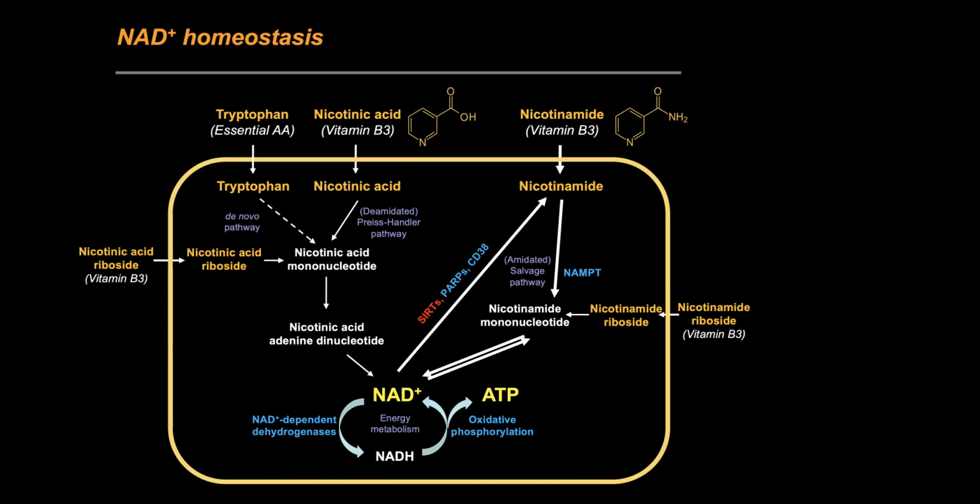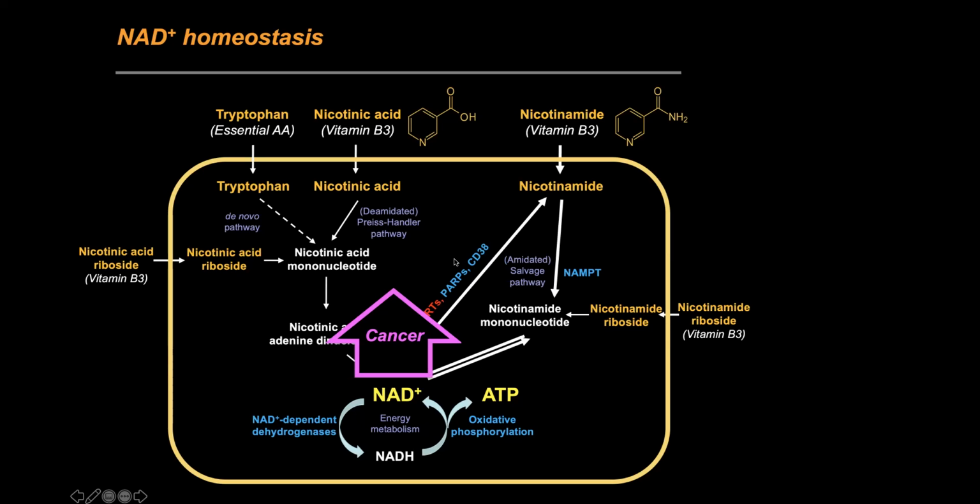Because of the essential function of NAD in the cell, disruption of NAD homeostasis has been associated with a number of human diseases. For example, many cancer cells have an increased cellular level of NAD in order to meet their high energy demand.